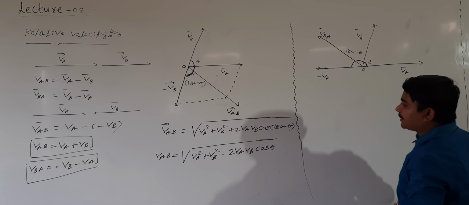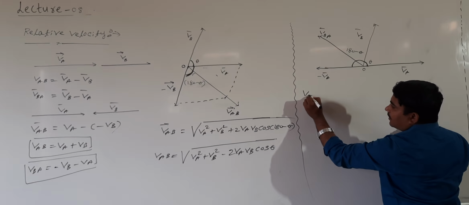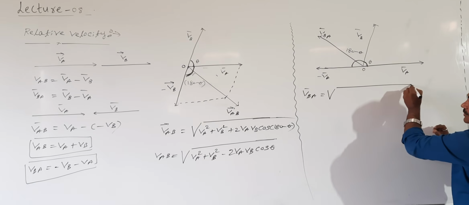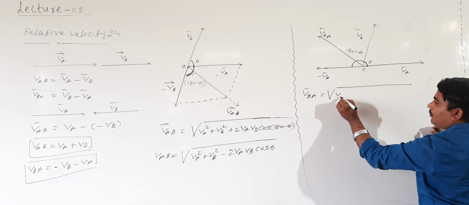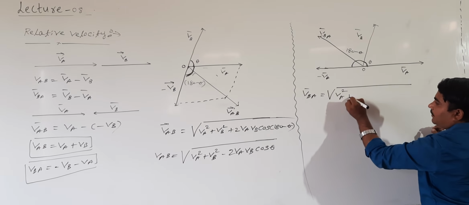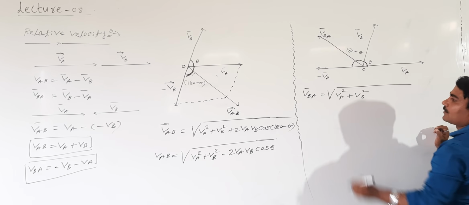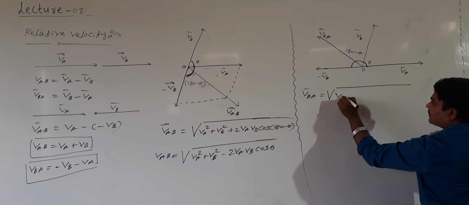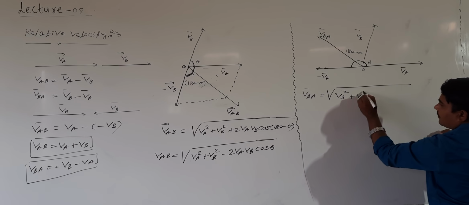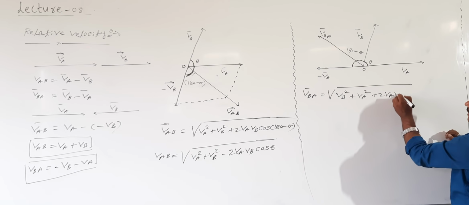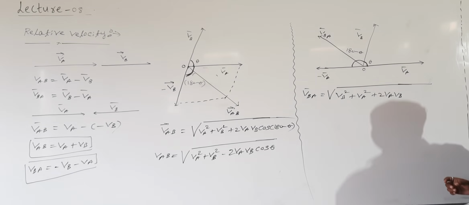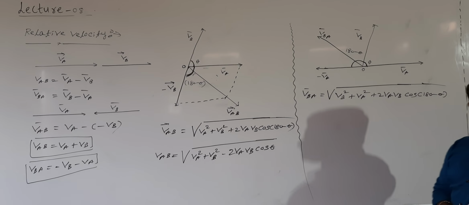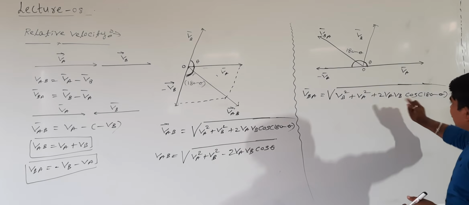What about the resultant? The relative velocity of B with respect to A equals, how to write, under root of VB squared plus VA squared, or VA squared plus VB squared, no matter, plus 2VA VB cos of how much? 180 minus theta, right? Cos 180 minus theta is again minus cos theta.